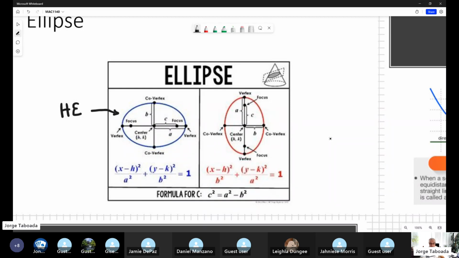The major axis is the greater one. It is this axis. When the major axis is parallel or coincident with the x-axis, then it is horizontal.